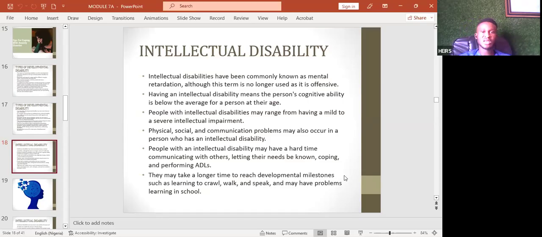They may also take a longer time to reach developmental milestones, such as learning to crawl, to walk, to speak, and they may also have problems learning in school. So intellectuality has to do with learning.